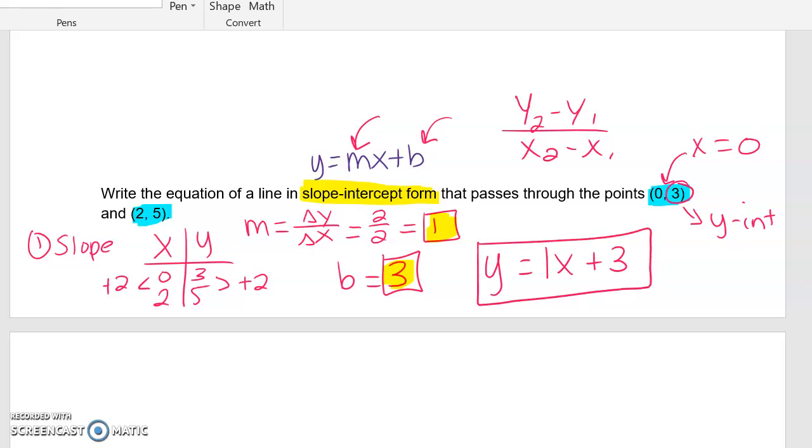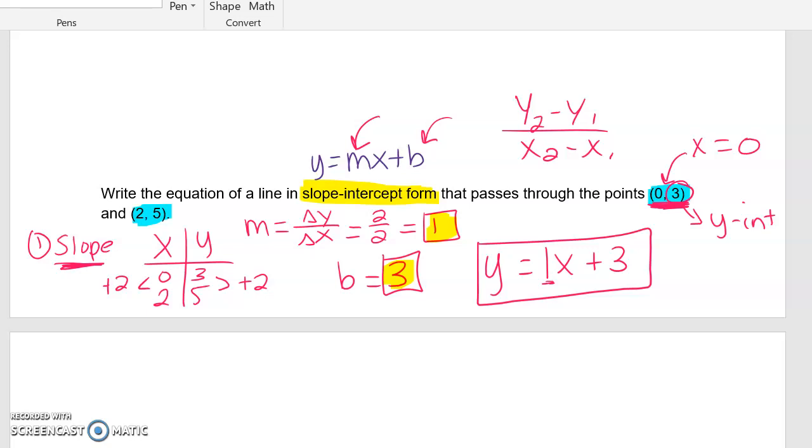All right. So again, first thing I needed to do over here is find my slope. Okay, once I find my slope, I can plug that into my equation. All right, and then I need to find the b. Now, the b value isn't always going to be given to us. So we got a little bit lucky in this first example because they gave us where x is equal to 0.